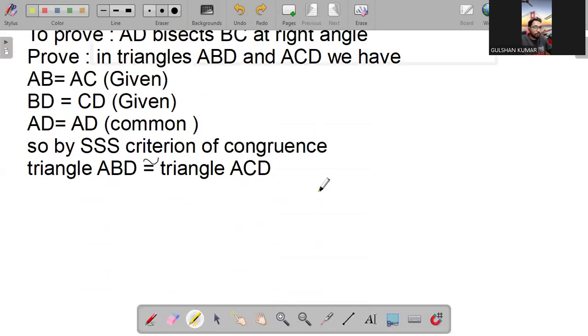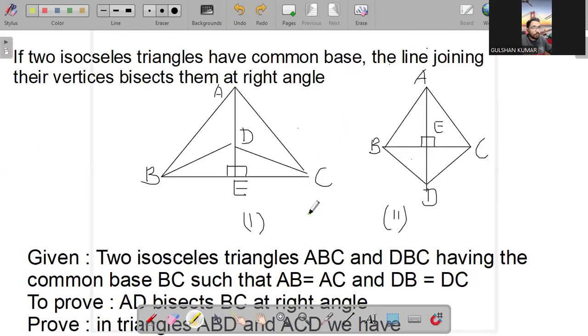So now we are marking some angles here. This is angle 1, this is angle 2, this one is angle 3, and this one is angle 4.